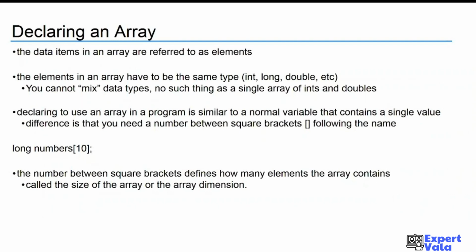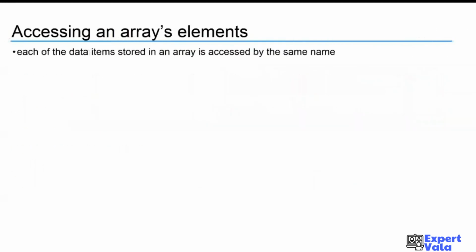So it's straightforward. This is a declaration because the semicolon is at the end. It's just like a variable declaration, but you have those brackets and a number, and this is the size of the array or the array dimensions.